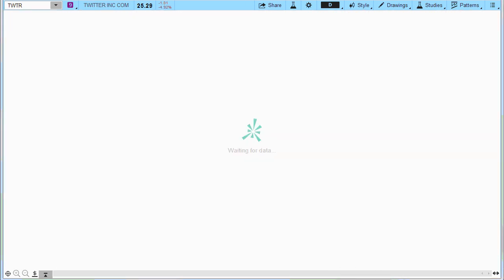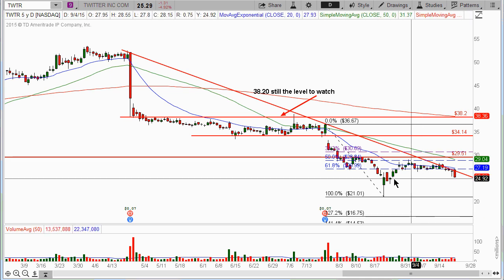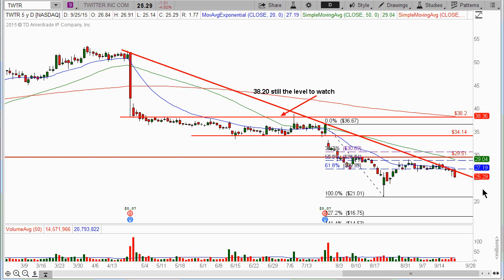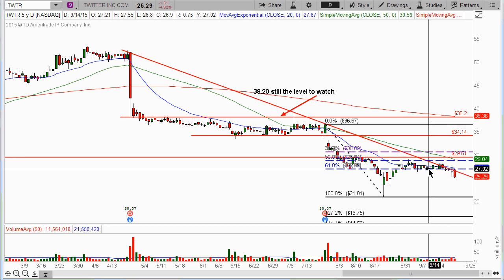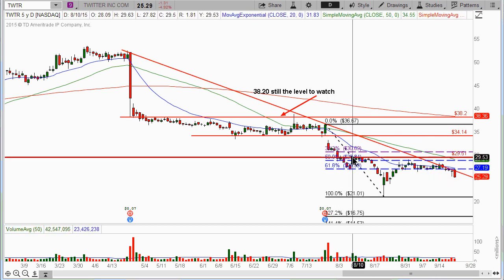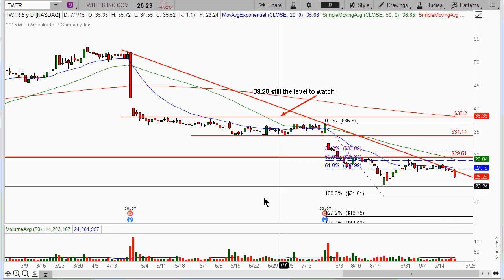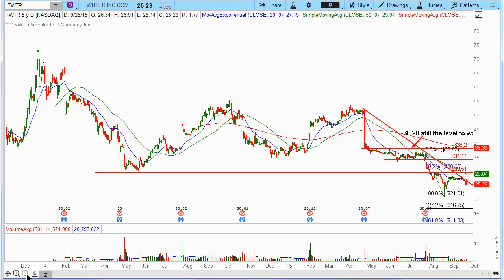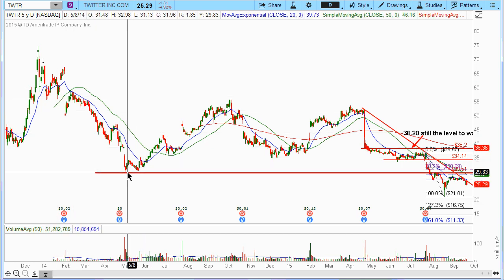Okay, and I wouldn't say that for Twitter, because you see Twitter is still riding on this downtrend here, and it just cannot get back above this 30 area, this 29.50. Essentially, that's the first post-IPO low here.